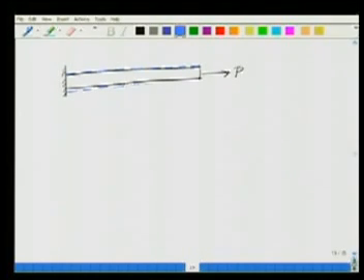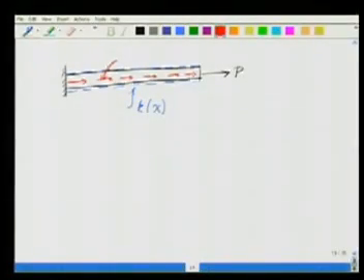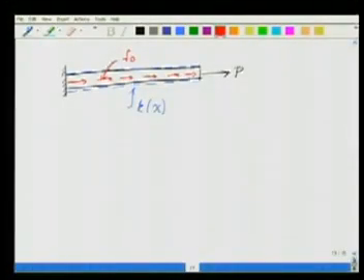It is an axial support which leads to a distributed spring constant k of x. As if the bar is resting on a rubber padding, and this rubber padding is applying a uniform resistance with the force proportional to the displacement, and the proportionality constant is k of x, because it is changing with the position.